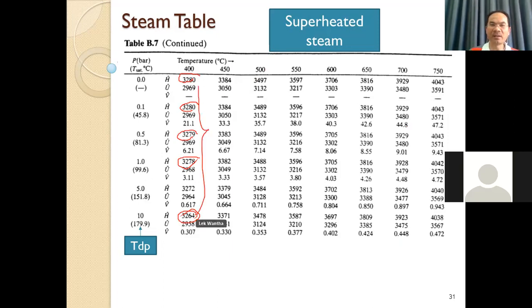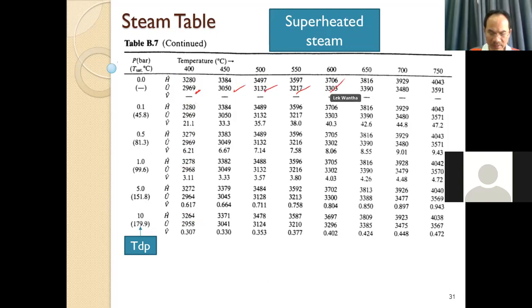That's right. It's slightly different based on change in pressure, but it's strongly different with change in temperature. And also, if you check the enthalpy and internal energy, it's quite the same, right? And volume also.